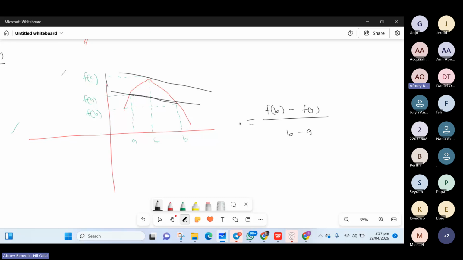And the gradient at f(c), because we have just 1 point, we can use the derivative to find the gradient, because we know that f'(x) is the change in y over change in x. So if I can't have the change in x and change in y, I can find the derivative and represent that as the gradient. So this is equal to f'(c).